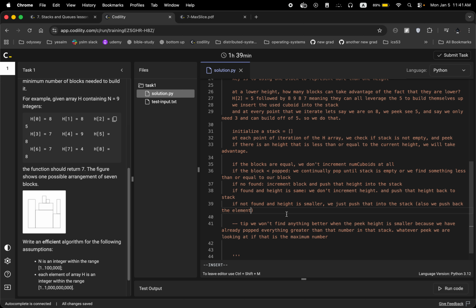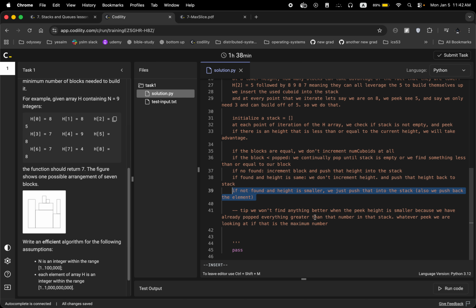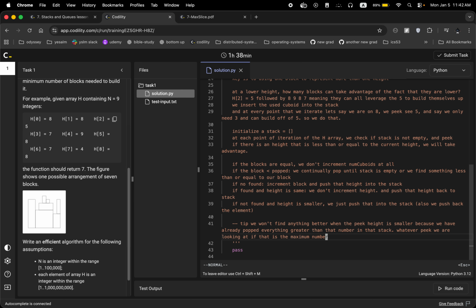Because there are three cases, right? If the peak is equal, we don't do anything. If the peak is greater, we pop it. And if the peak is smaller, then we don't do anything, we just append our bigger one. So I guess I won't pop until this case. We continually pop.